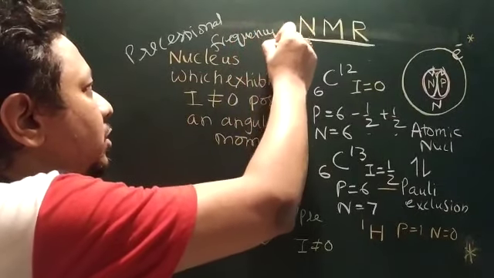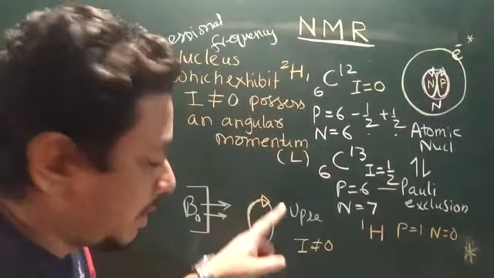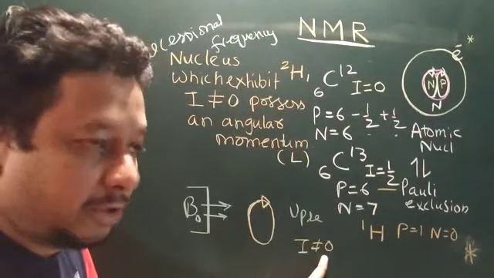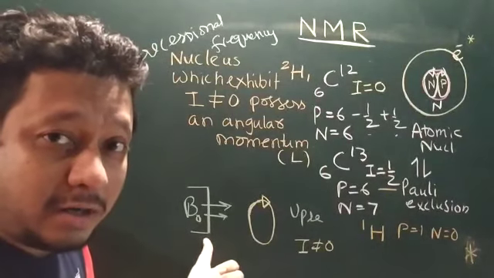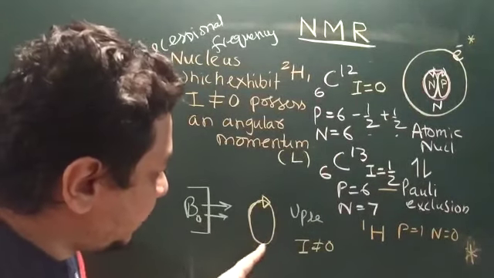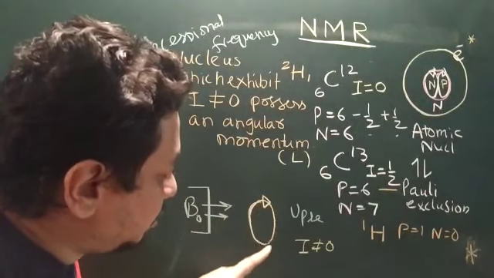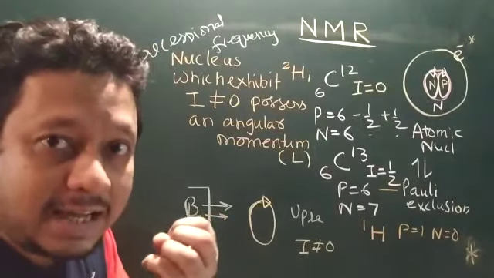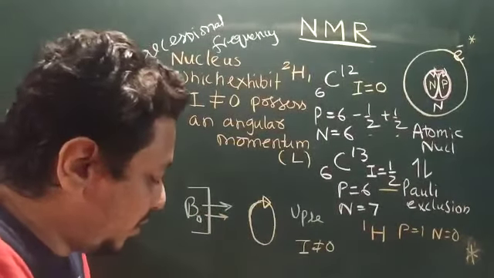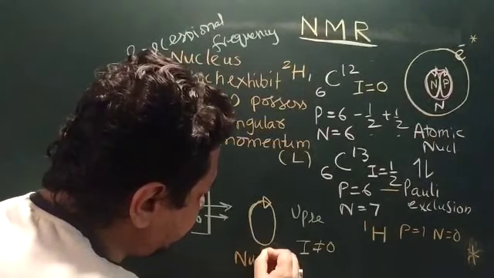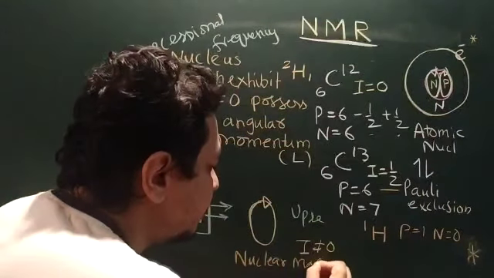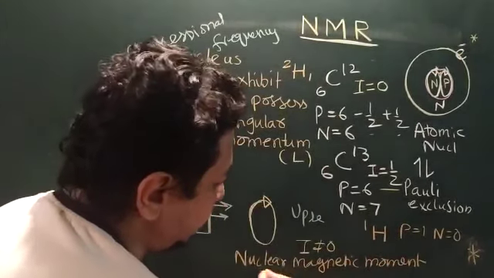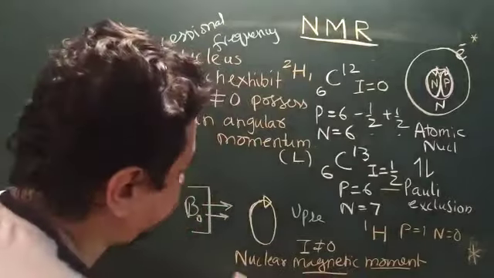Now what is this actually? This is an angular frequency observed when a nucleus with spin quantum number not equal to 0 is placed in front of an external magnetic field. This motion, exhibiting precessional frequency, gives rise to the next property of a nucleus known as the nuclear magnetic moment. A very important concept to understand: the nuclear movement due to the presence of a magnet.